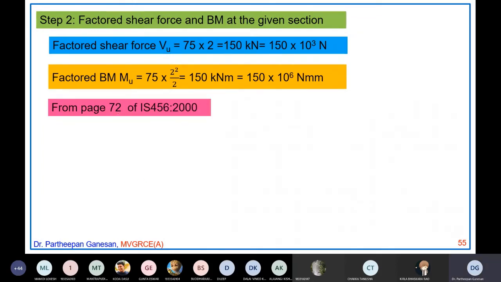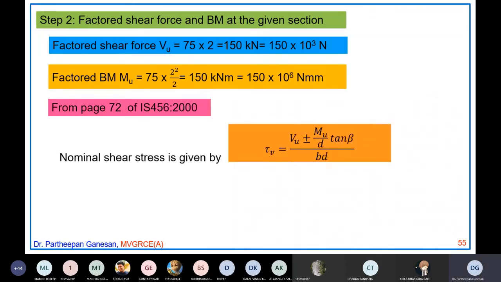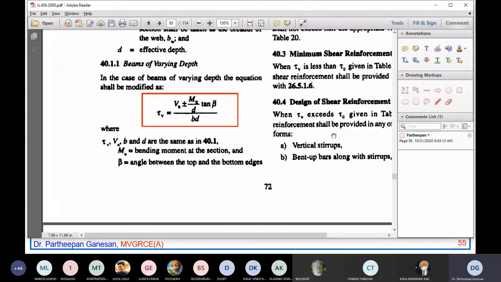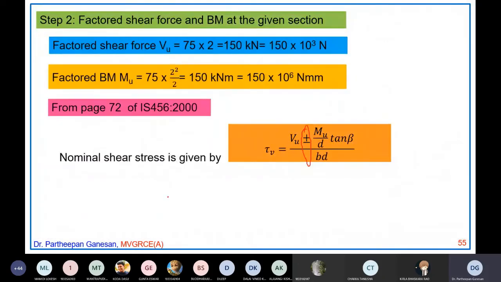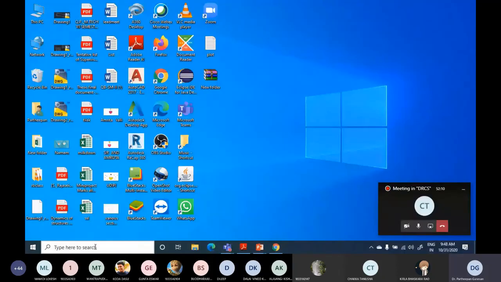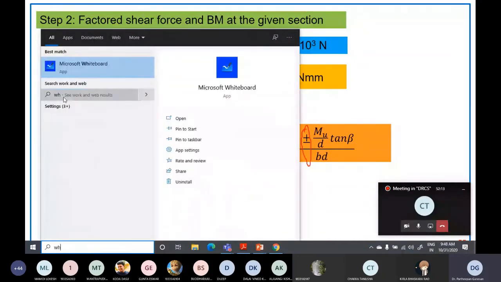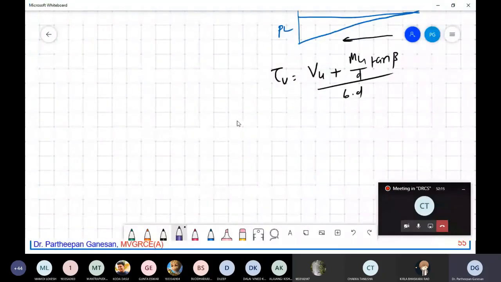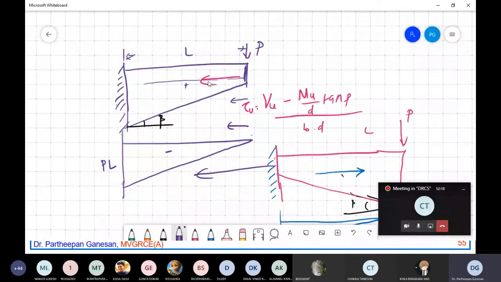So on page number 72, nominal shear stress is given by tau is equal to VU plus or minus MU by D tan beta, by BD. Now you have to choose whether plus sign or minus sign, right? I explained before only. If this is the kind of beam you have, we are tapering from one end to the fixed end.